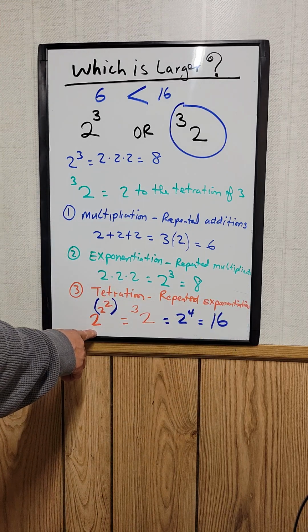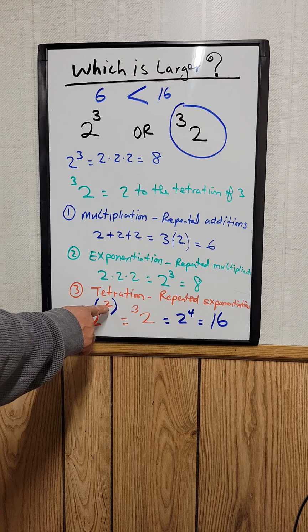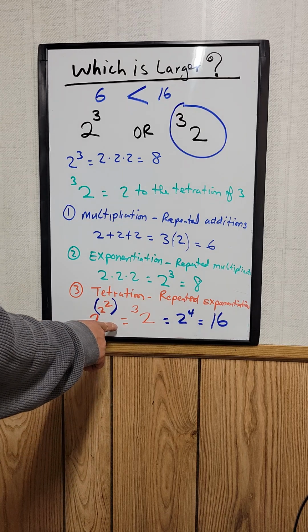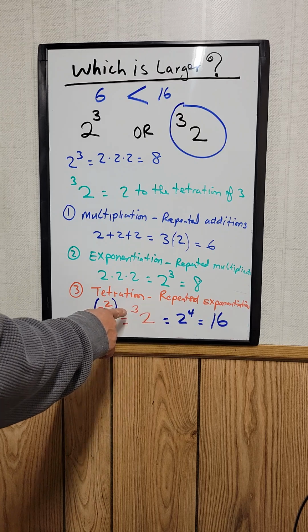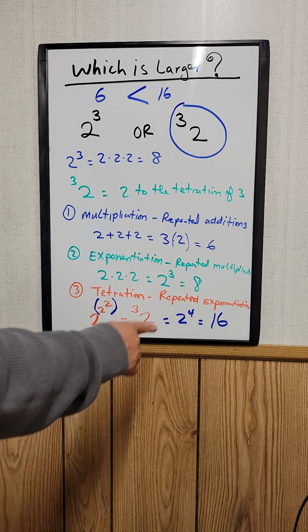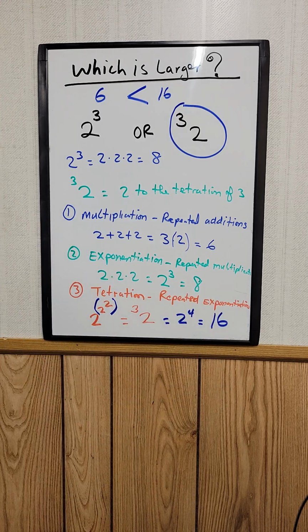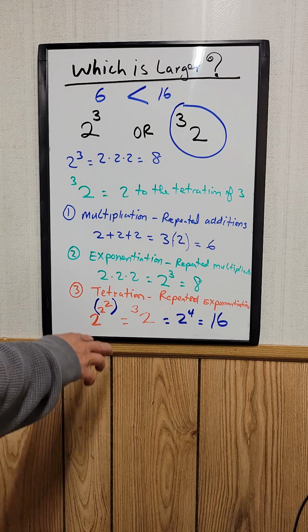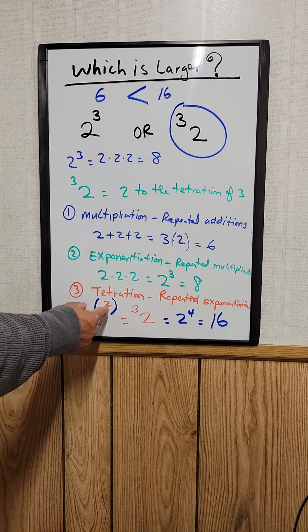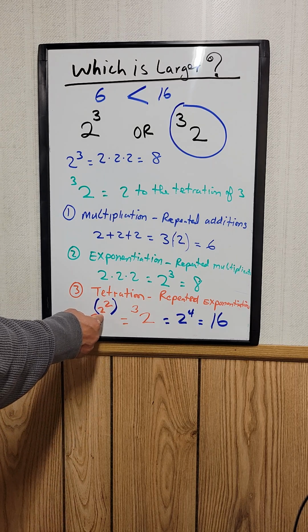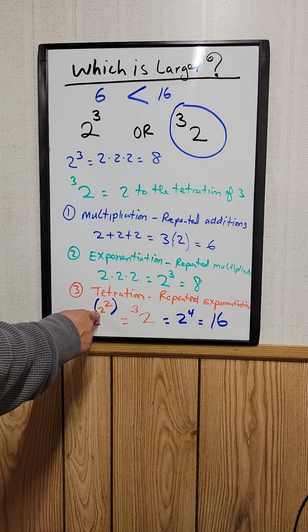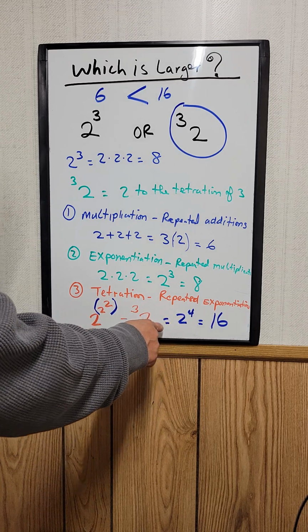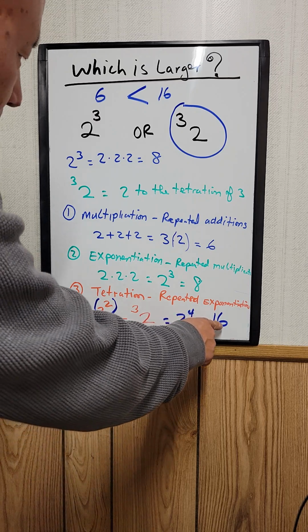If you have 2 raised to the 2 raised to the 2, you can rewrite that as 2 to the tetration of 3. So it's a repeated exponentiation. And if you simplify this, you have to do the top first. 2 raised to the 2 is 4. 2 raised to the 4 is 16.